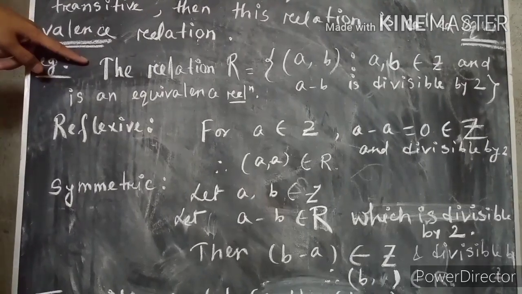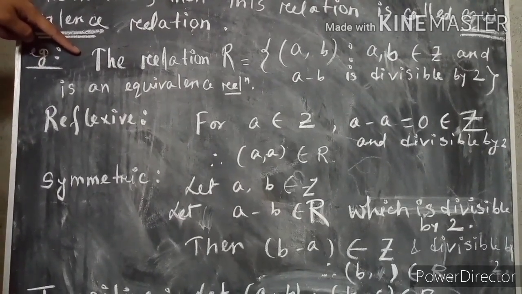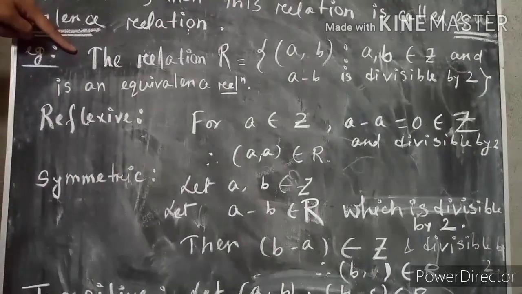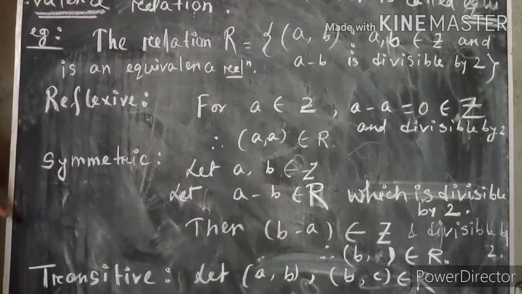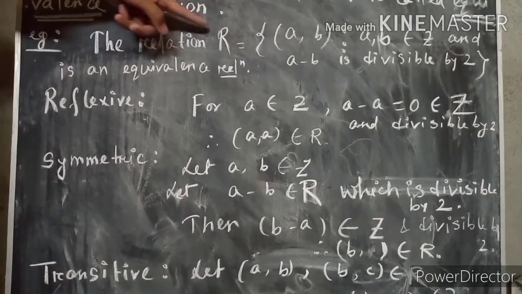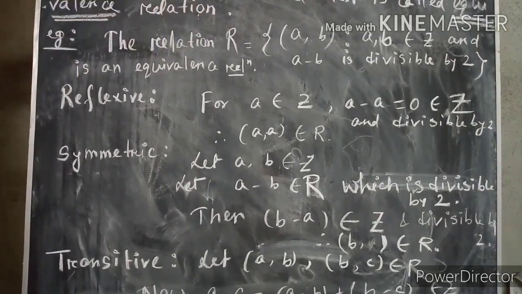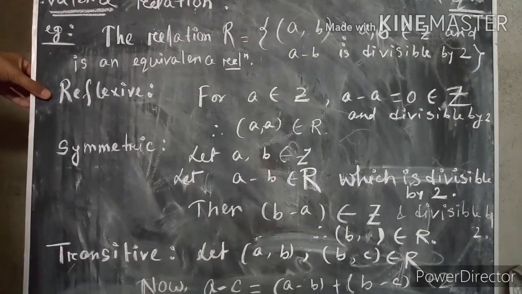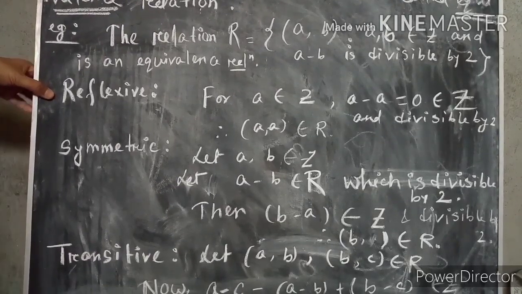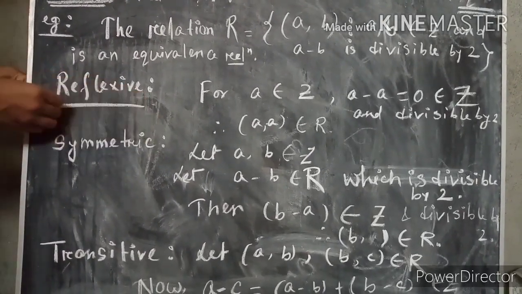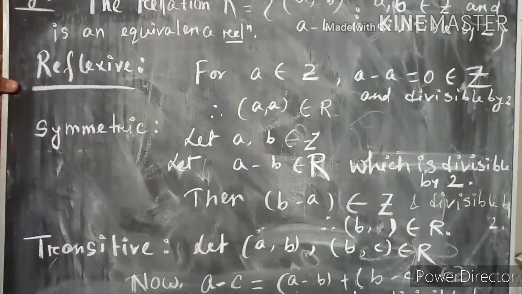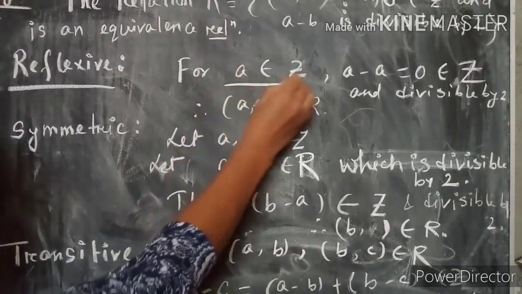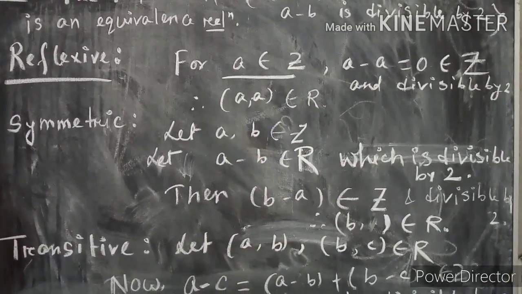Now to prove this to be an equivalence relation, first of all we have to see whether it is reflexive, whether it is symmetric, whether it is transitive. If this relation satisfies all these three, then we can say R is an equivalence relation. Now let's come to the first, the reflexive part. For an element A belonging to Z, A minus A equals 0.